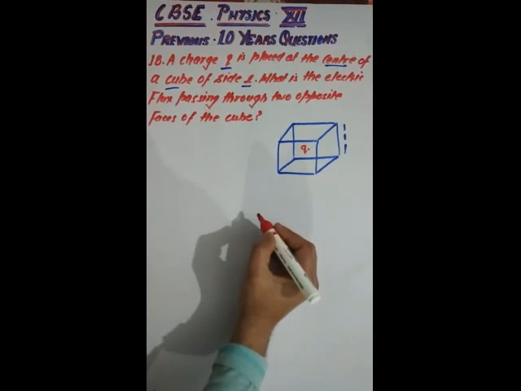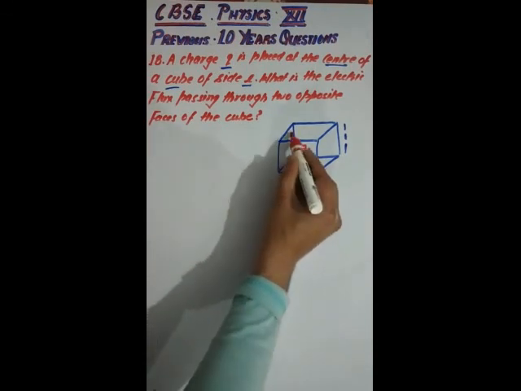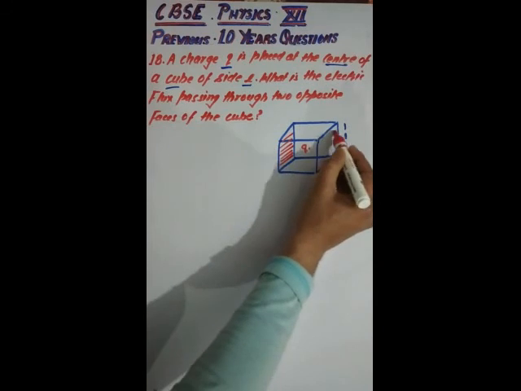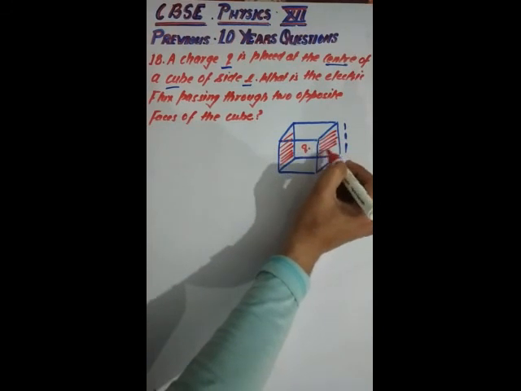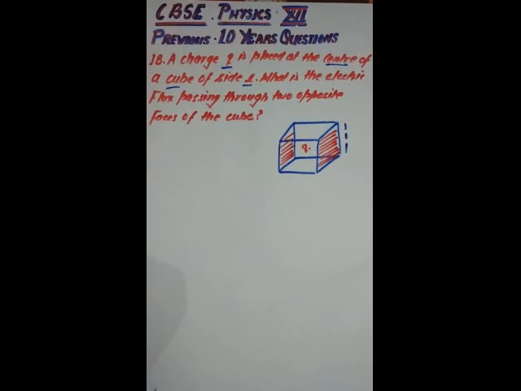Then question asks, what is the electric flux passing through two opposite faces of the cube? Suppose these are two opposite faces. We have to find out the flux.